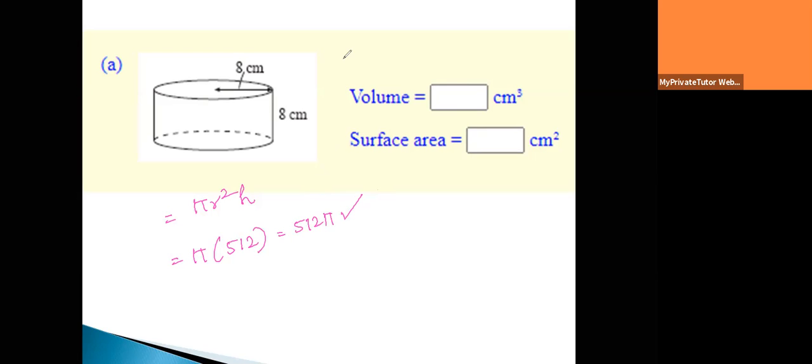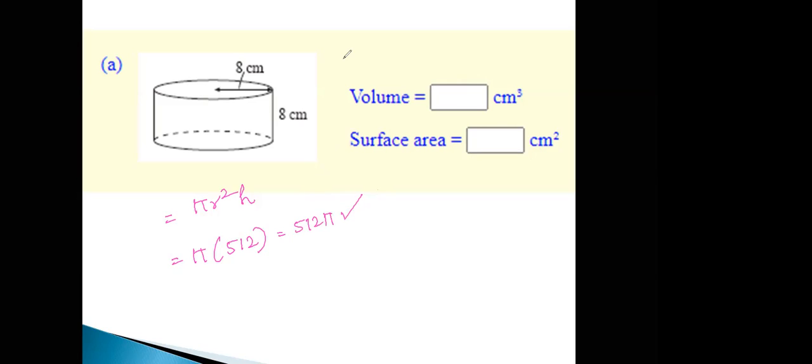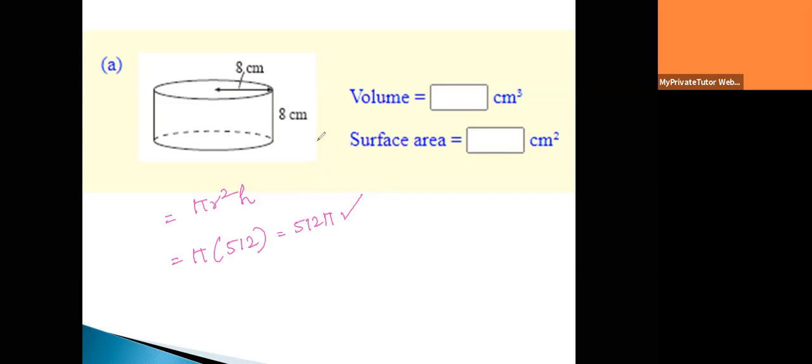So Muhammad, would you like to try the surface area? Anna, what about you? The surface area of this? Sorry, I didn't get you.